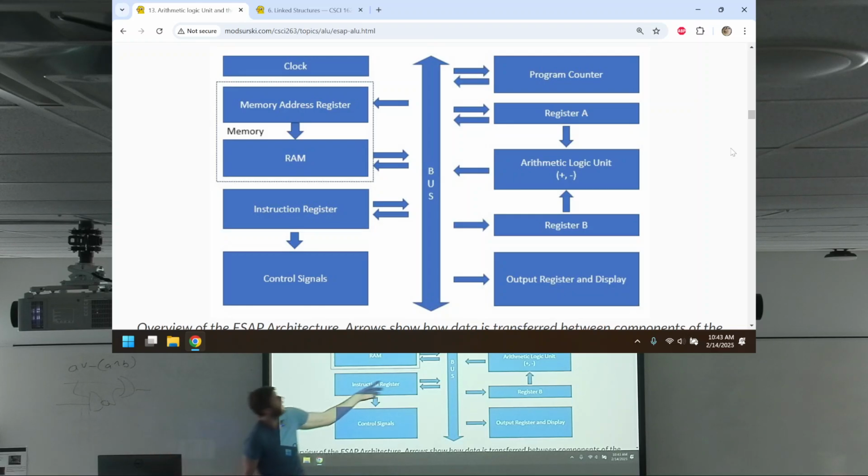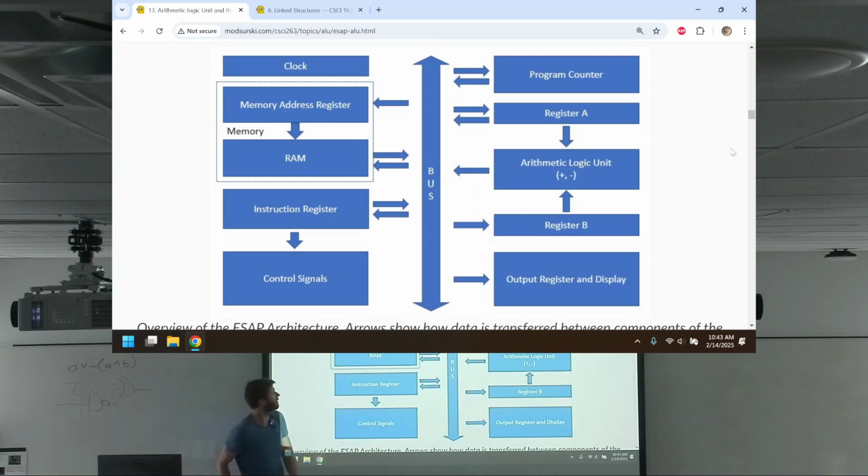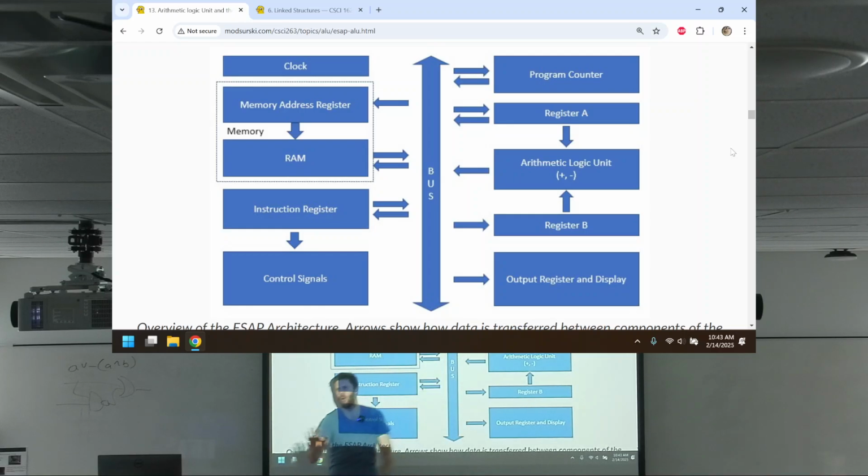In our design, it's actually going to be a common bus. But if I want to specify a memory address, like memory address 2, from this data bus, and put it into RAM and tell it to output from memory address 2, we've got a problem, because we're reading from the bus, memory address 2, and we're trying to output information to the bus. So a simple solution is to create a register to isolate that from the bus. Put the memory address in here, now we know the memory address, and now we can output to the bus. More on this in a moment, but that's the purpose of that.